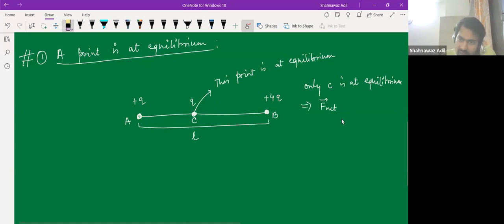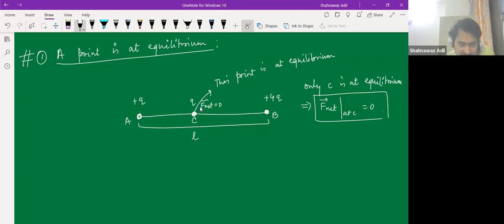So then this point C is at equilibrium. F net is 0 at this point. Is that clear? Is that clear, Arpita? Yes, sir.